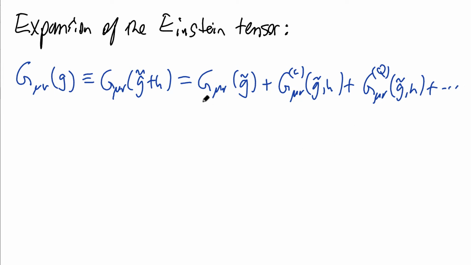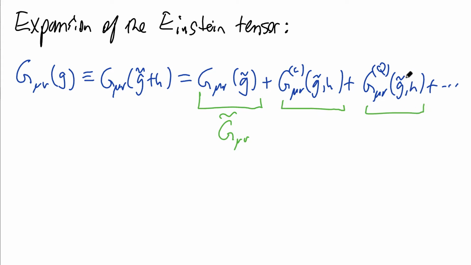It will be useful to denote the Einstein tensor for the background metric as big G tilde. So what we're after is explicit expressions for the linear terms and the quadratic terms in this expansion. The calculation of these terms is long and complicated, so I'm just going to show you the answers and then outline the derivation.